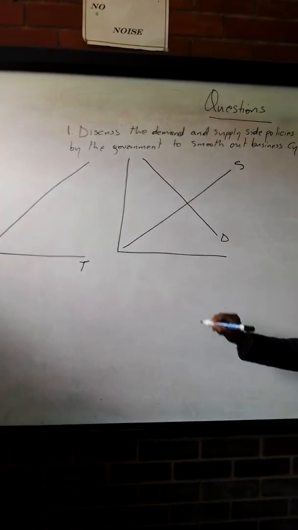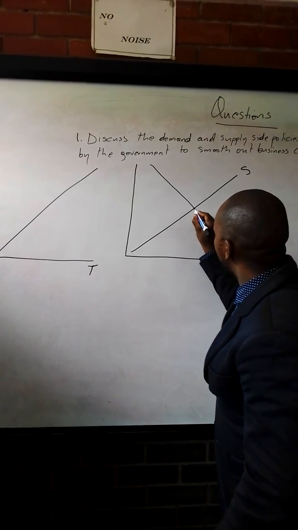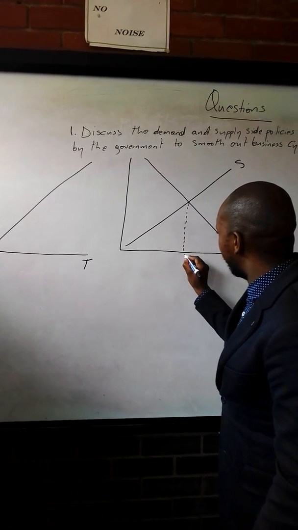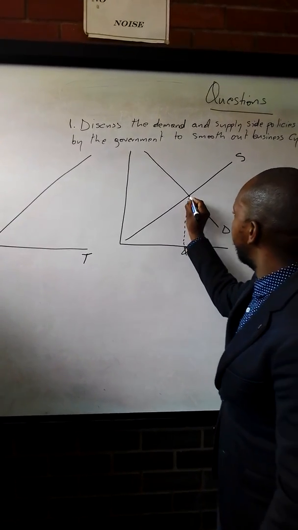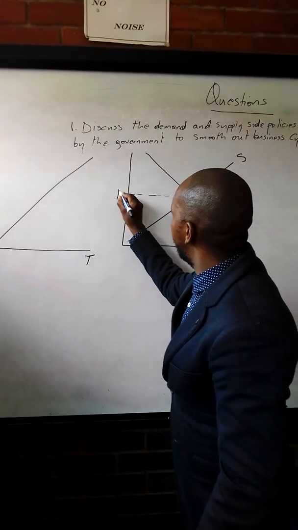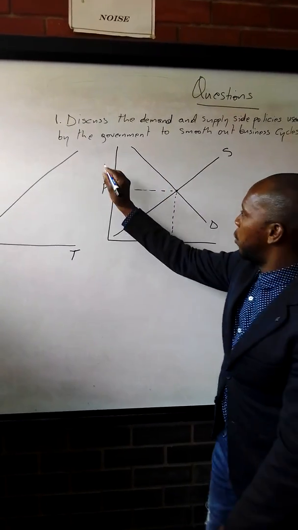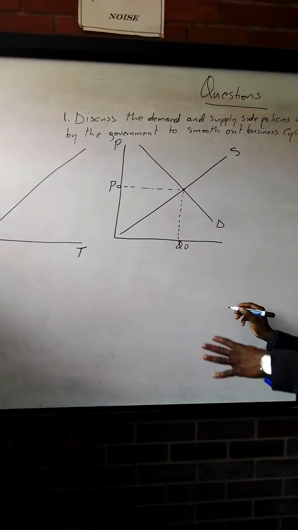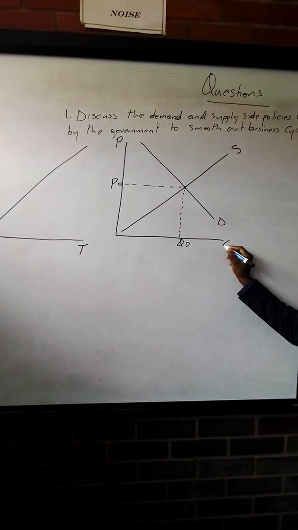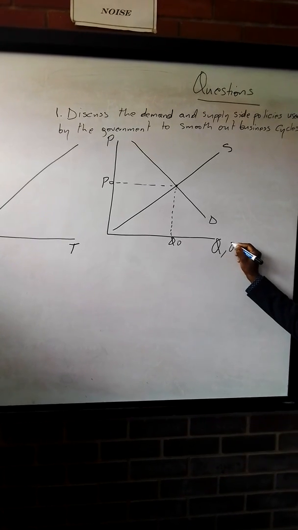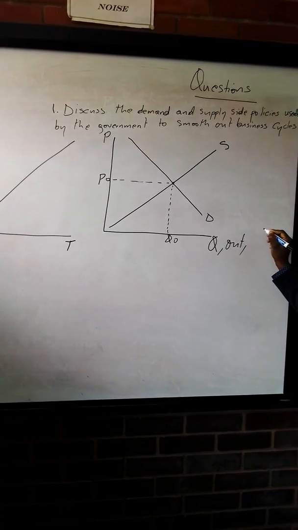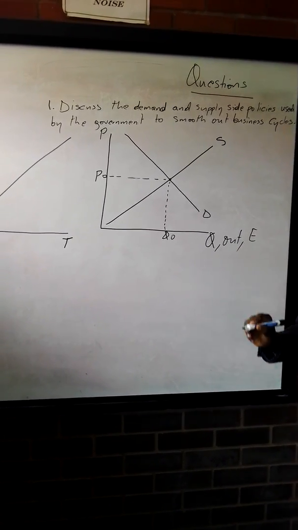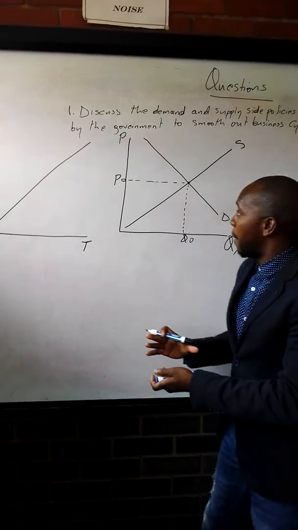What's going on there? You assume that the economy is at equilibrium at Q naught and at P naught. On the vertical axis, remember to clearly label your prices, and on the horizontal axis, you've got a quantity, output, or employment.